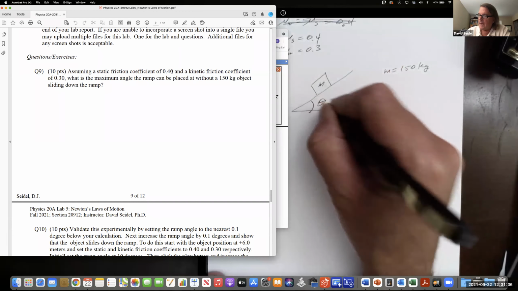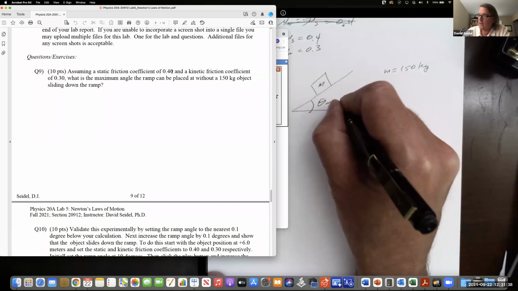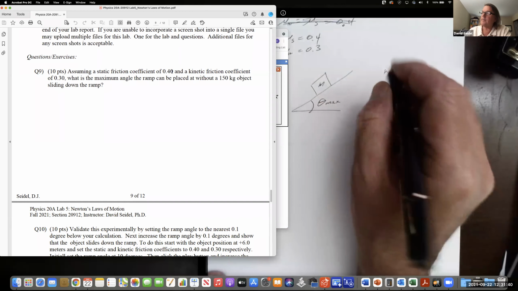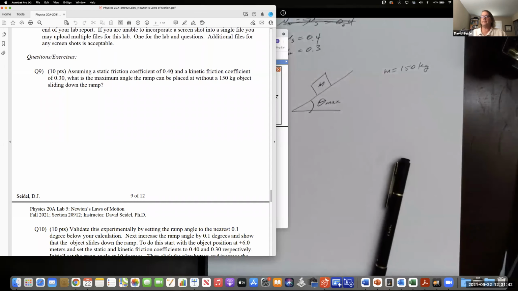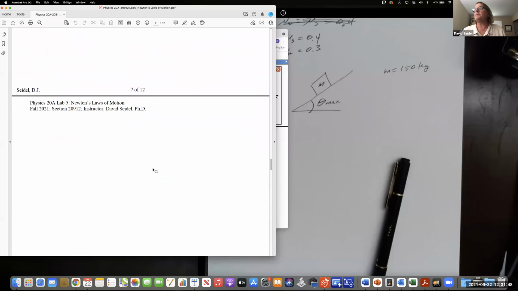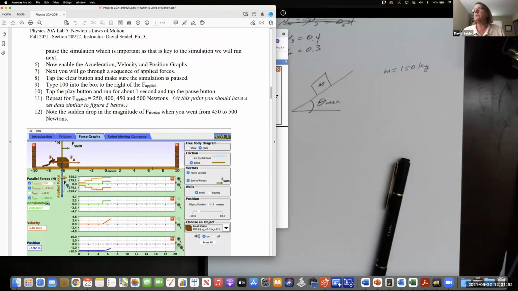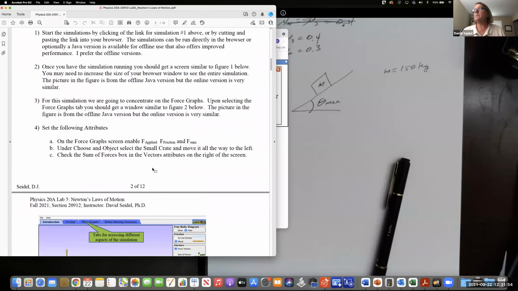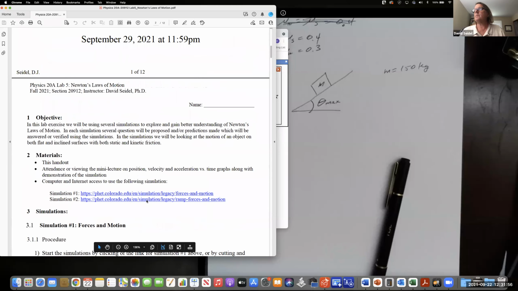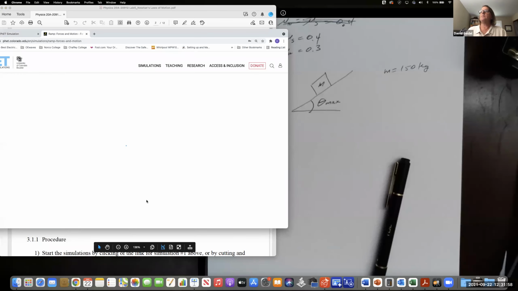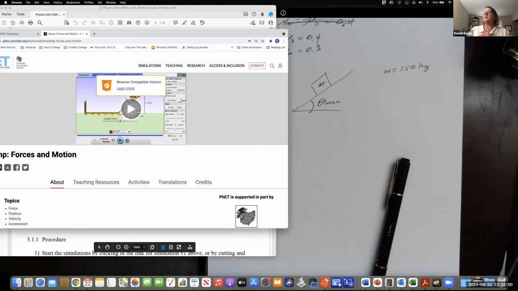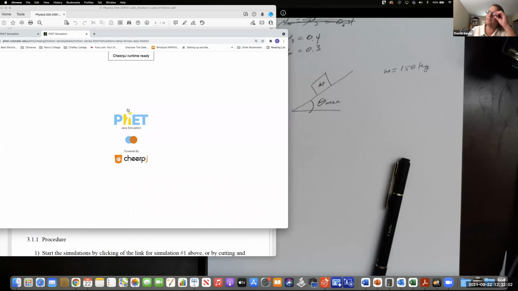What is my max angle, theta max, that my ramp can be at? Now clearly 0 is good enough, right? If we go to ramp, open up simulation number 2. Here's simulation number 2.